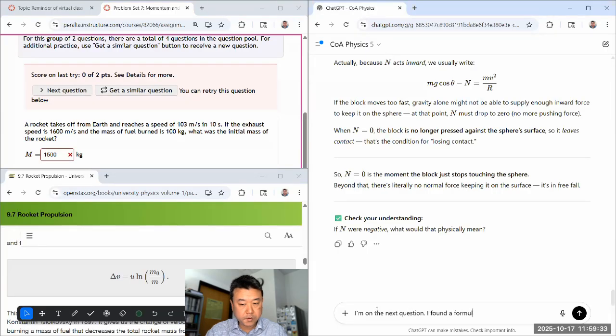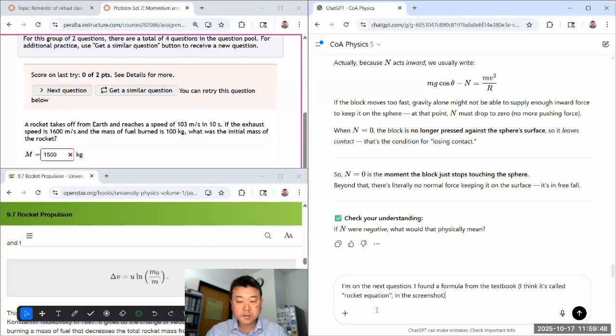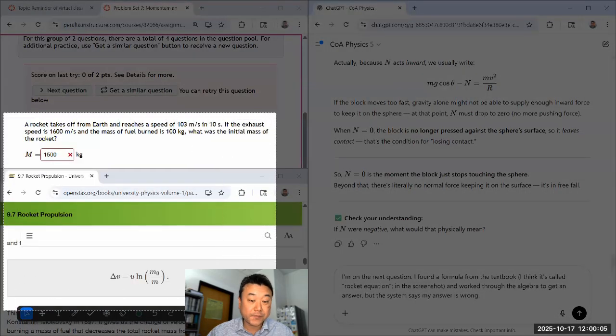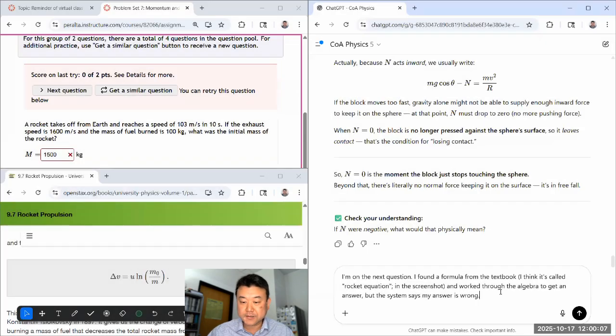I found a formula from the textbook, I think it's called the rocket equation, and worked through the algebra in the screenshot to get an answer, but the system says my answer is wrong. Not a question, but it'll usually infer a question from that declarative statement.